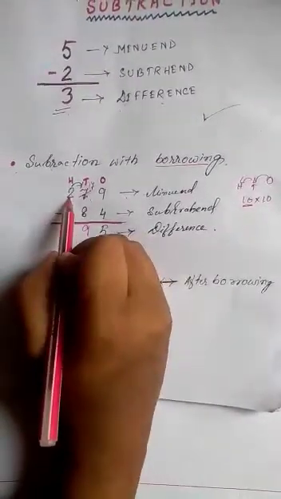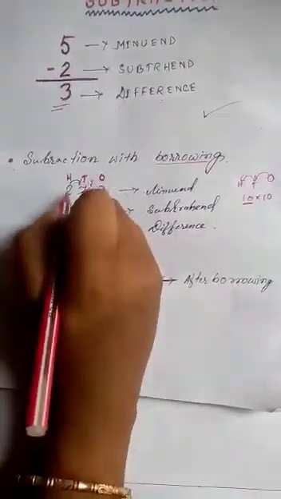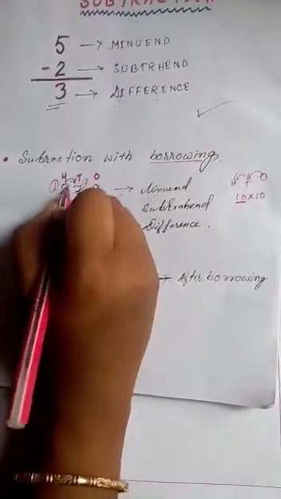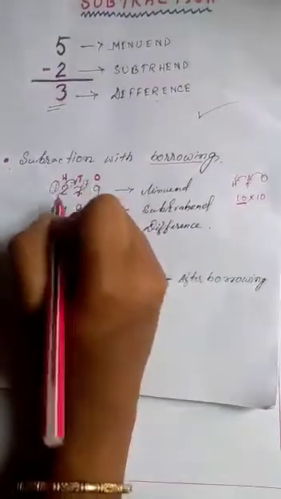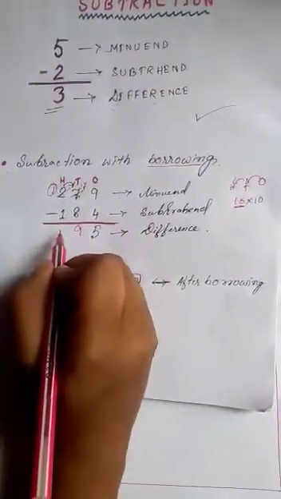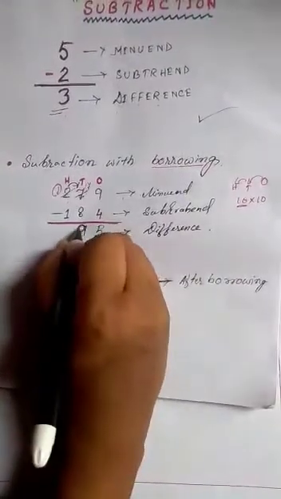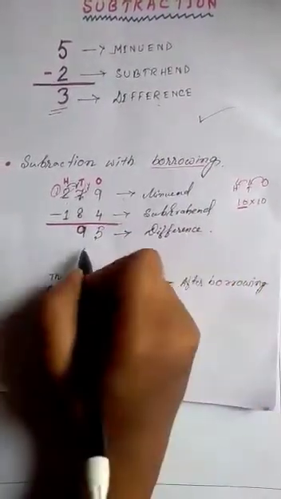And now what is there? The 2 has become 1, because we have taken 1 from this 2. 1 minus 1 is 0, but we cannot write 0 in the beginning of any number. All right students, so the difference will be only 95.